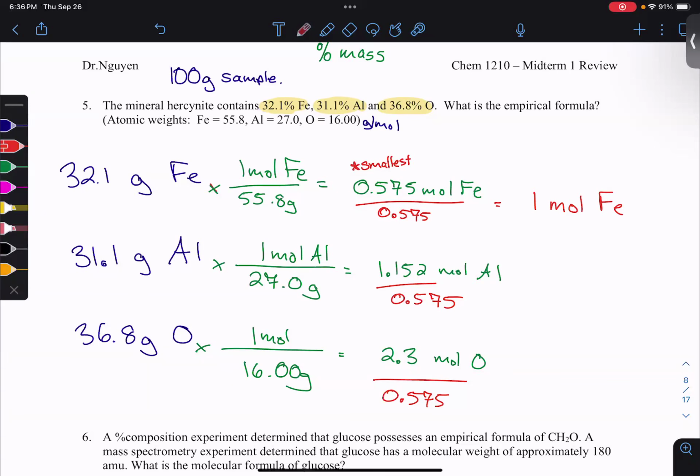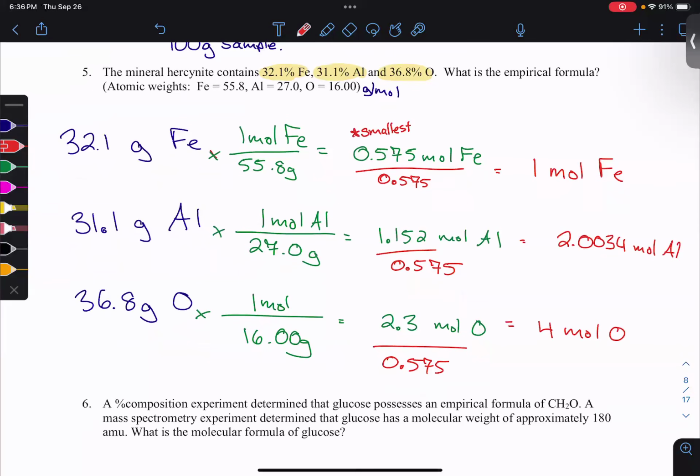So then when you divide these other numbers, you get some numbers here. So we get 1 mole of iron. We have 2.0034 moles of aluminum, and then we have 4 moles of oxygen. So we're getting a lot closer to an empirical formula. So now the question is, should I round?